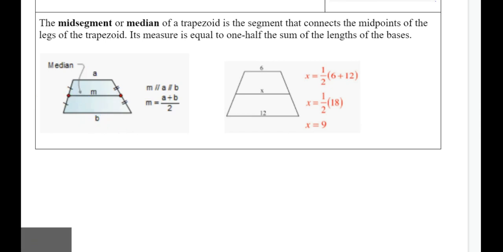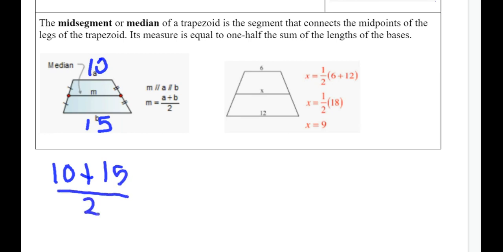Let's make up another one. Let's say I have 10 and 15. What's going to be in the middle of 10 and 15? Now, if you can't do that in your head, then just find the average. 10 plus 15 divided by 2.